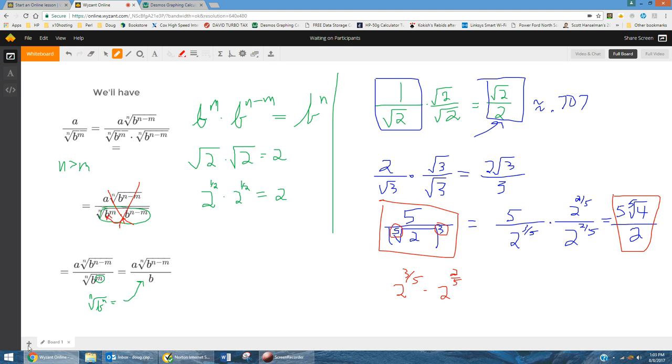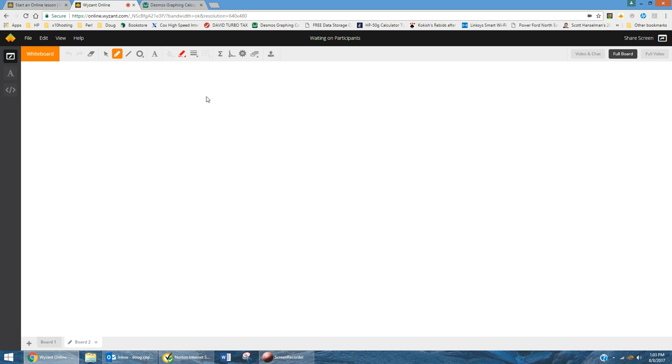So let's do one more using letters. Let's say I have x over the 6th root of y to the 2nd, and I want to rationalize that denominator. After you do a few of these, you can see what you're multiplying by. This is the same as y to the 2/6, or 1/3 actually.